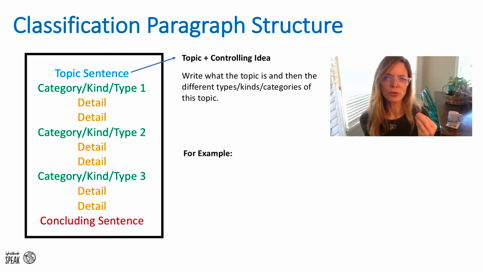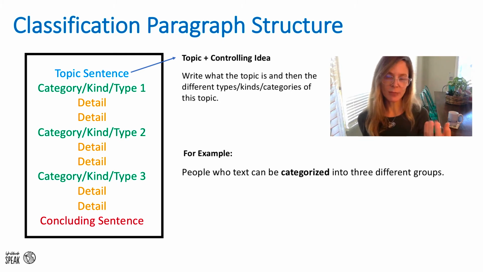Let me show you what this looks like with an example. I find that always makes things a lot more clear. So let's say I had the topic sentence, people who text can be categorized into three different groups. Well, what's my topic? People who text. What's my controlling idea? That there are three different groups.